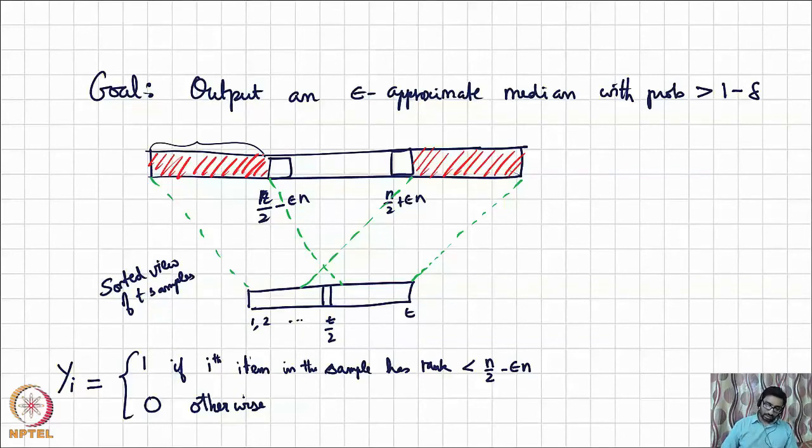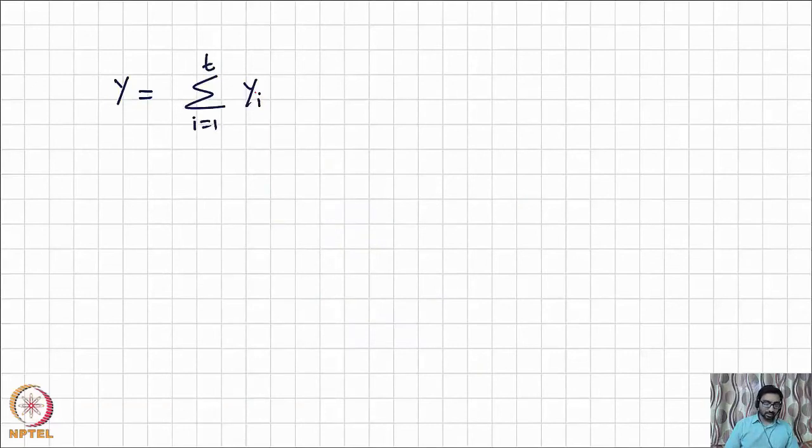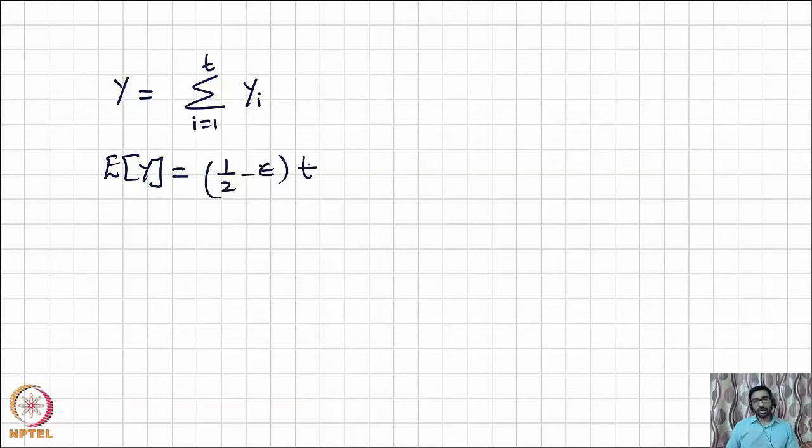So with that being the case, let's define y to be the summation over all i ranging from 1 to t of yi. And of course, we know that the expectation of y equals half minus epsilon times t.